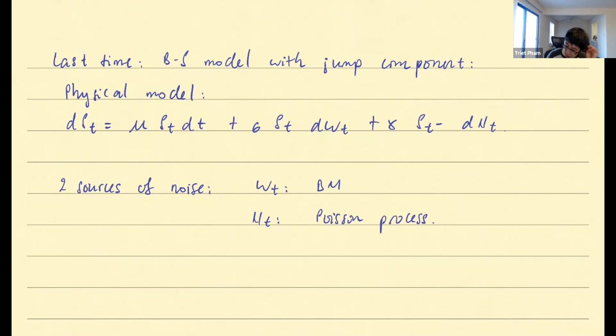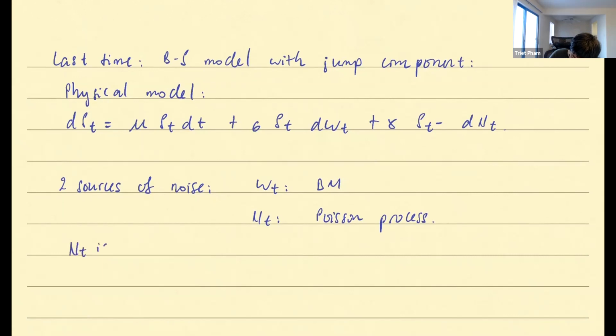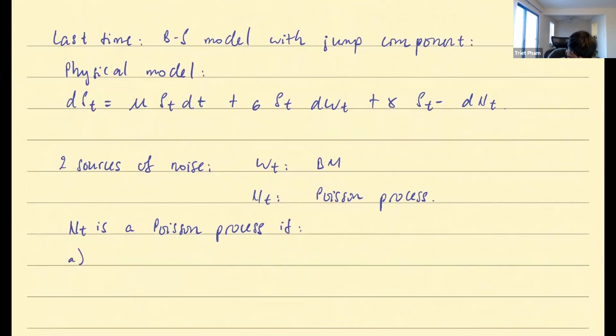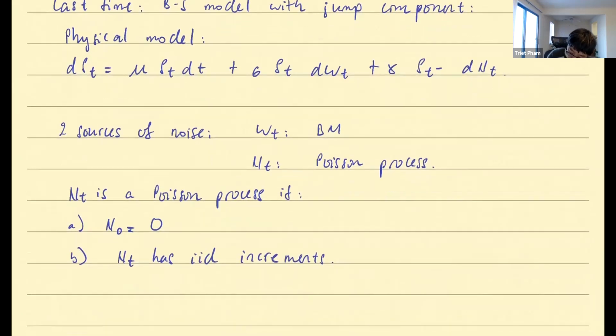So to remind you, the Poisson process has the following properties. It starts at 0, has independent increment, and identically distributed increment. We know what that means by now.